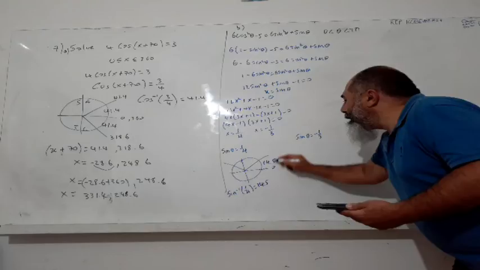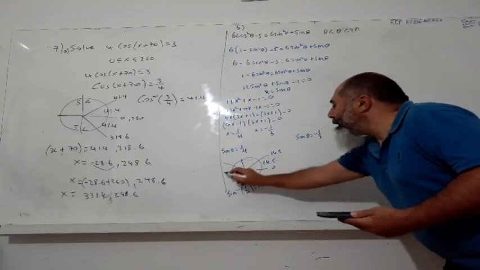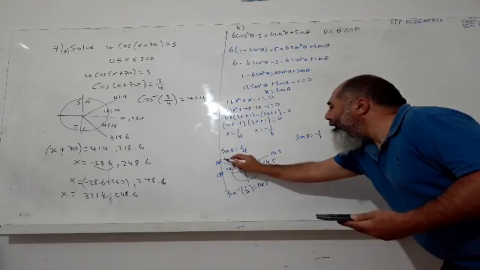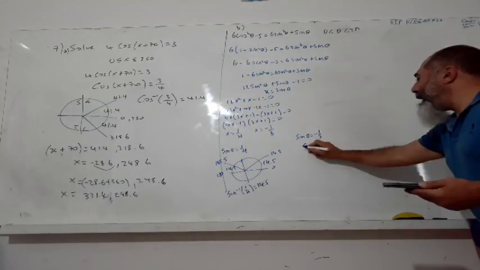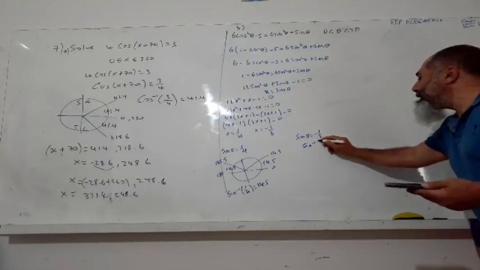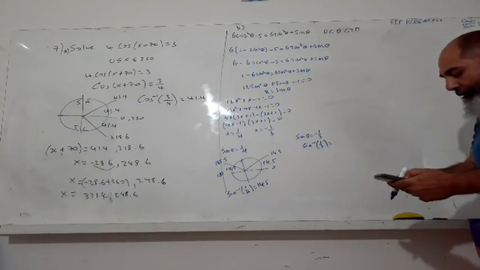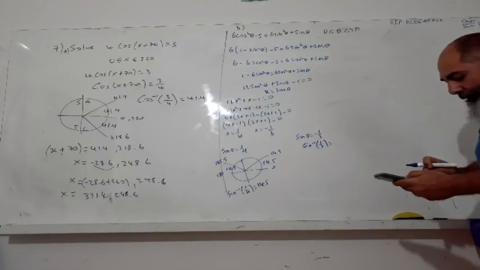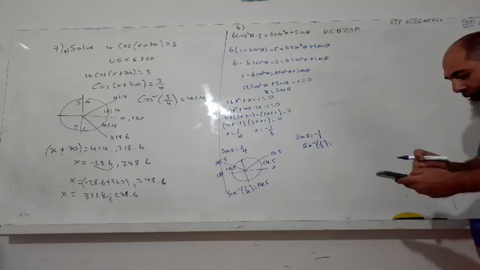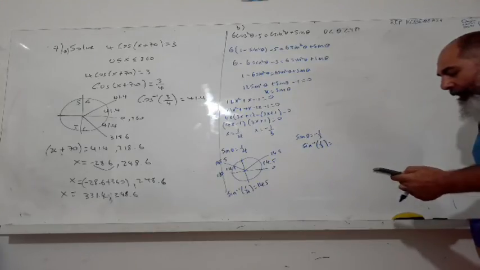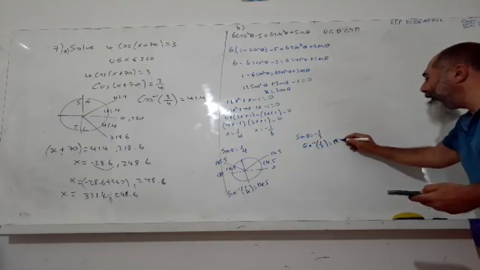And the basic angle for 1 over 3 is 19.5, and we want sine to be negative, so it is going to be in the third and in the fourth quadrants.